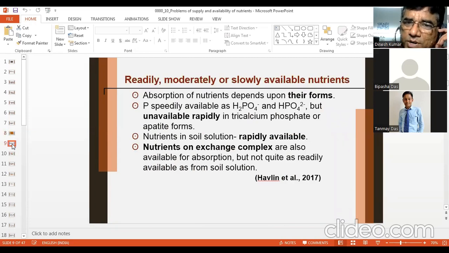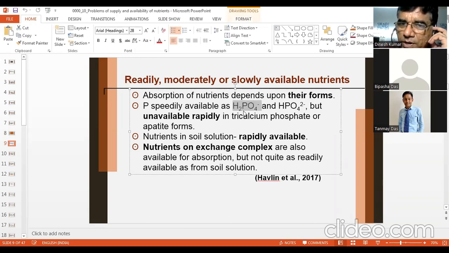Now, readily, moderately, or slowly available nutrients. Many times for different nutrients, we call them readily available, moderately available, slowly available, or labile pool or non-labile pool. Some terminology is used. So absorption of nutrients depends on their forms. Phosphorus is speedily available as phosphate, H2PO4, the most preferred form by the plants.